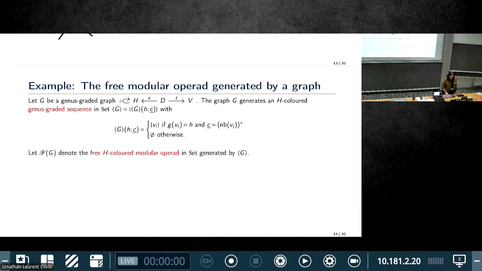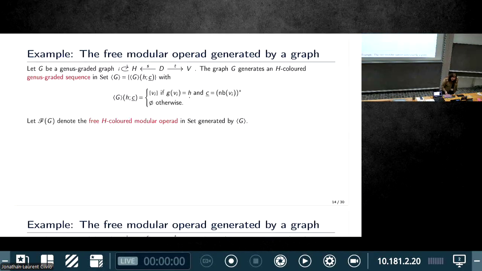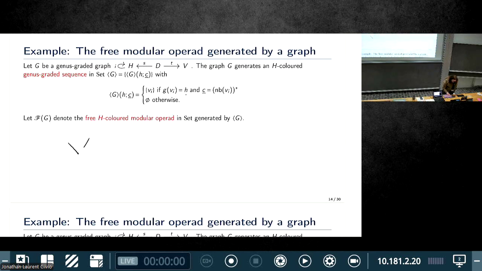It's going to be the single vertex V if the genus of V is h, and the profile here is equal to the dual of the neighborhood. I'm thinking about this as an operation. So here's V, and here's C1, C0, C2, C3. Oops, I guess we'll make these duals.